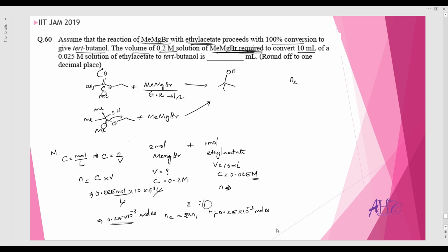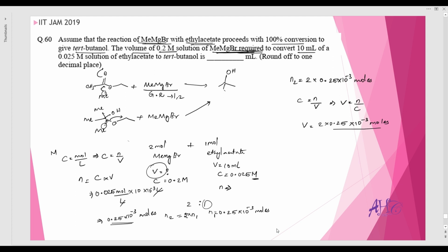So n2 is 2 into 0.25 into 10 power minus 3 moles. Okay. So what do we need to find here? We need to find the volume. So what formula do we know? Concentration is equal to n by V. So to find V, it is your n divided by concentration. So to find the volume, what are the moles? 2 into 0.25 into 10 power minus 3 moles. Okay. So what concentration have they given?